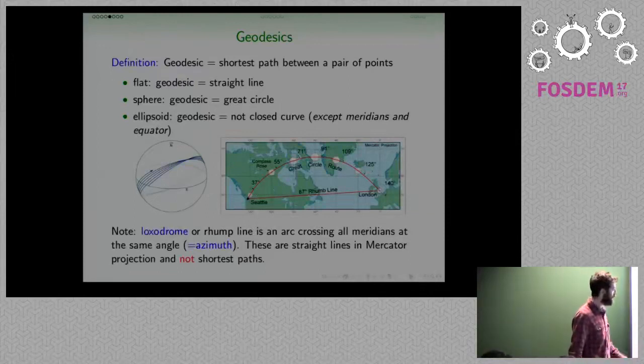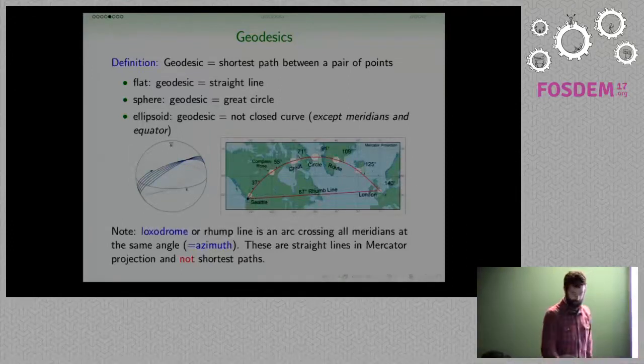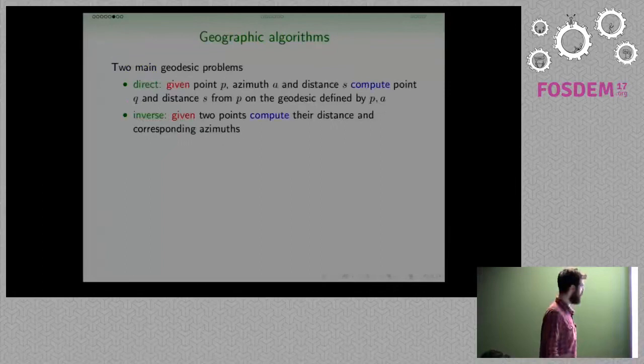And the great circle there, the shortest path, is not, of course, that rhumb line, but goes around. So this is just not to confuse loxodromes with geodesics. Loxodromes are easier to compute, but we want to compute the geodesics, the shortest paths.